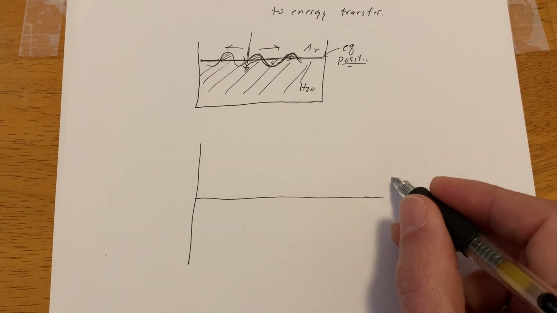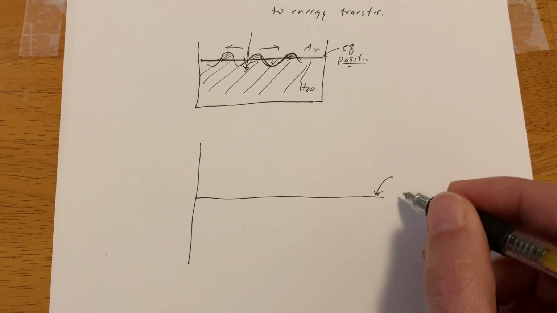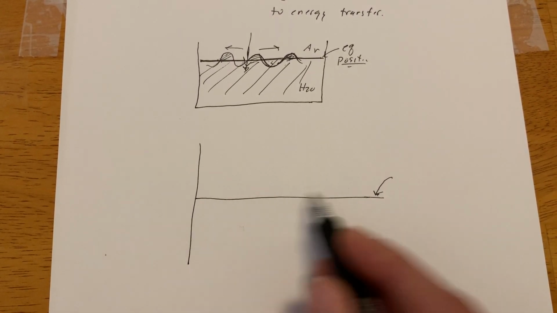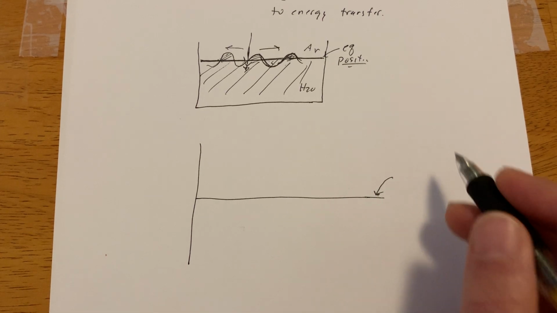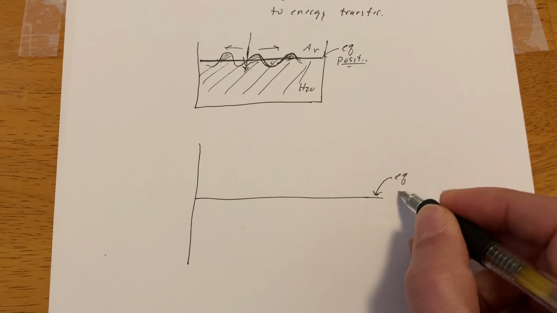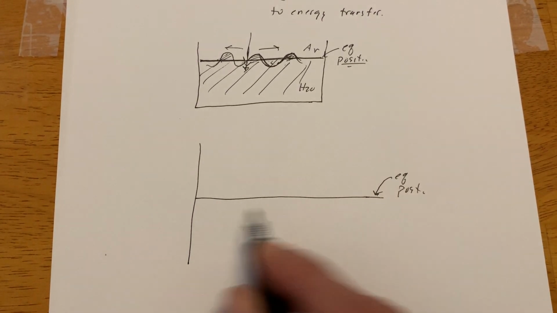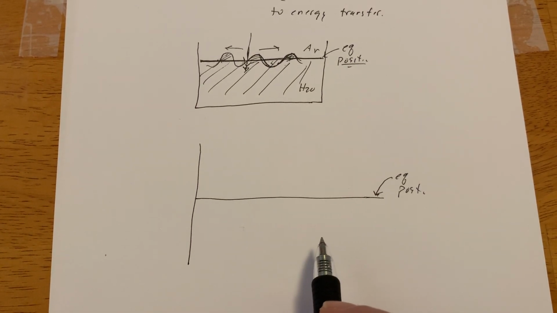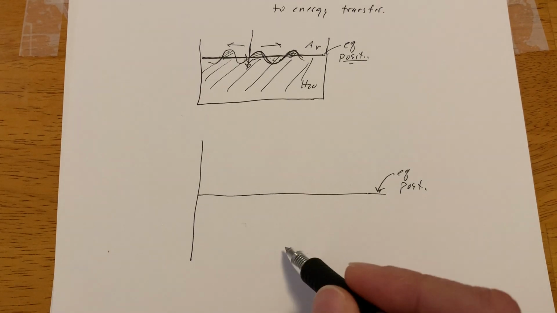So once again, think of this imaginary water boundary, the boundary between water and air, just an analogy. So here is my equilibrium position, and here's the water, here's the air.